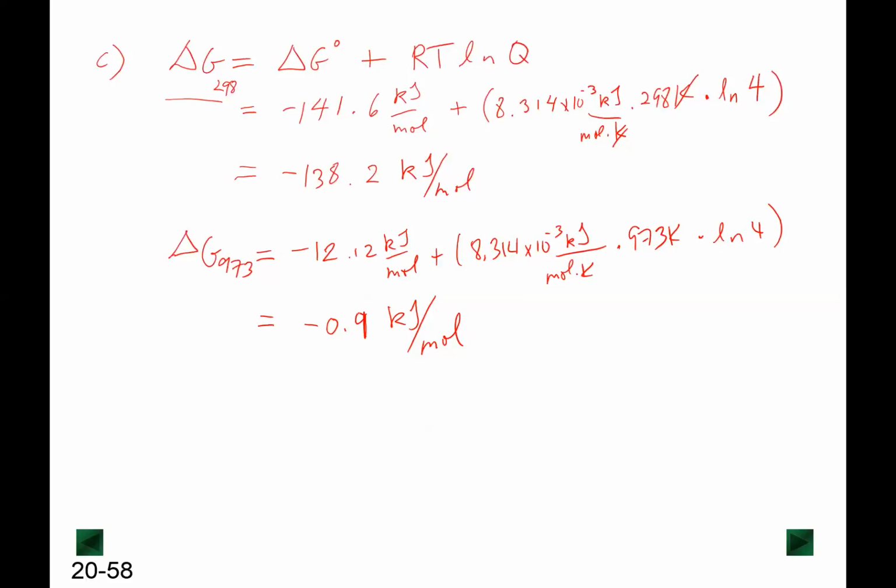But why use such a high temperature when a process with this kind of actual free energy change is only barely spontaneous?